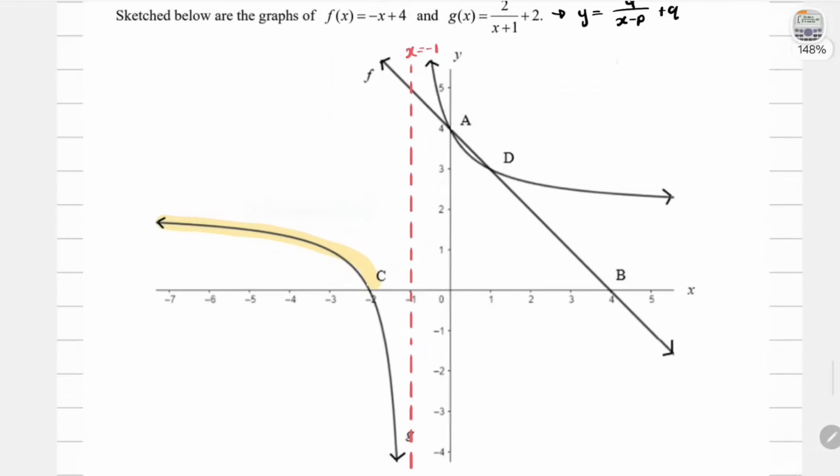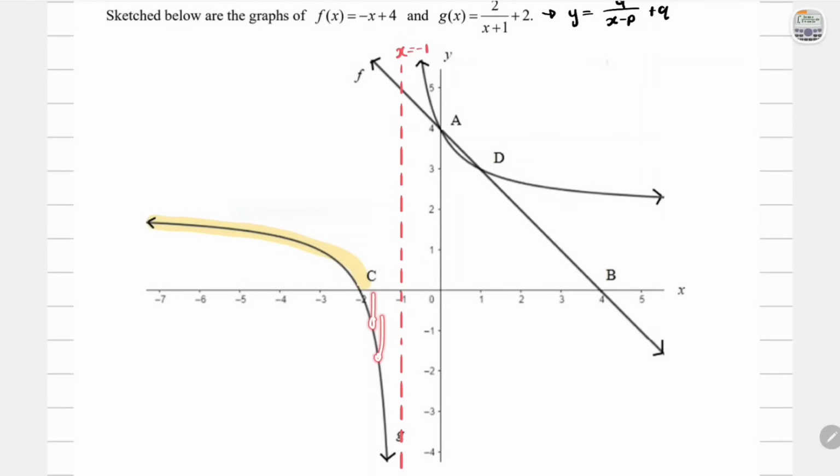Okay, and it's going to continue doing that over here until it gets to this point where x is equal to -1. Now, because we have an asymptote there, it will never touch this part. So it won't have that x value of -1. And then it will continue having every single x value after -1. So over there as well, and over there. And you see how these points all map to real x values.